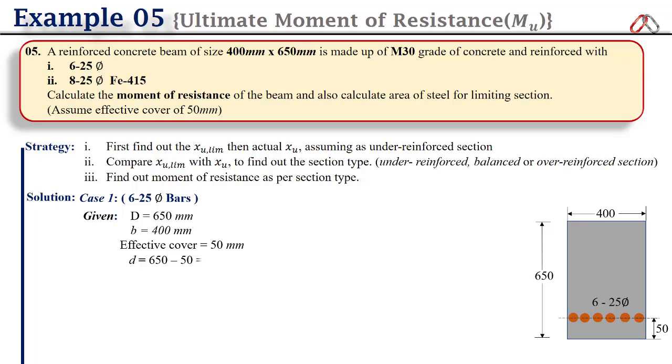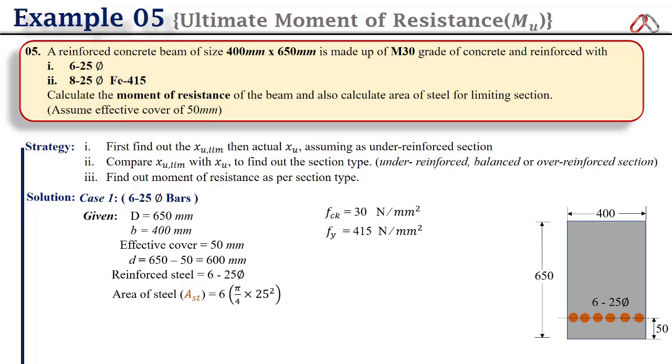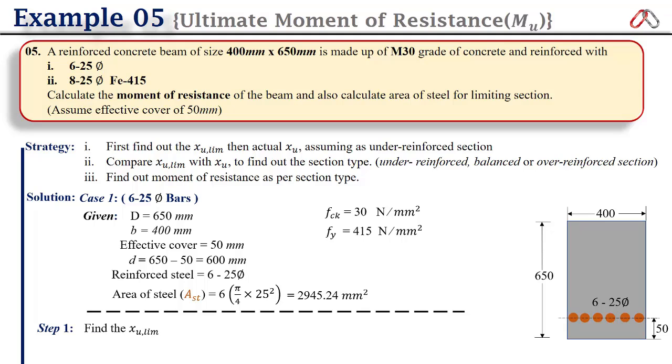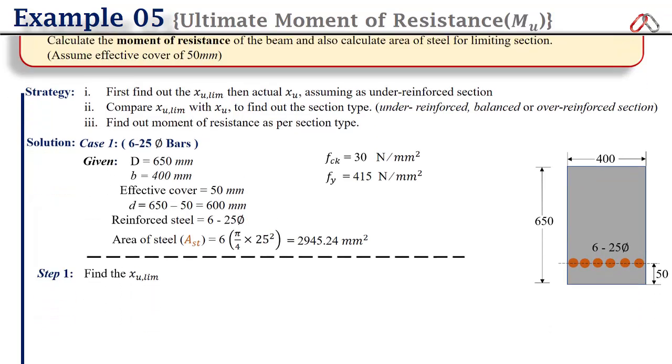Grade of concrete is M30, so fck is 30 Newton per mm square, and fy is 415 Newton per mm square. We are given 6 bars of 25 mm, and the area of steel will be 6 into pi by 4 into 25 square, that is 2945.24 mm square. So here we have noted down all the given data.